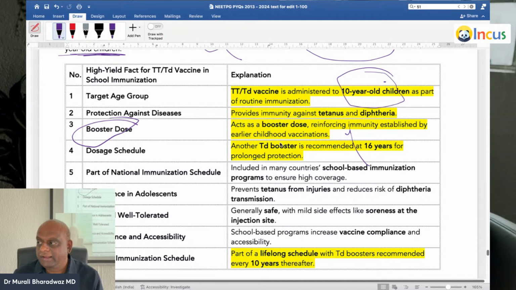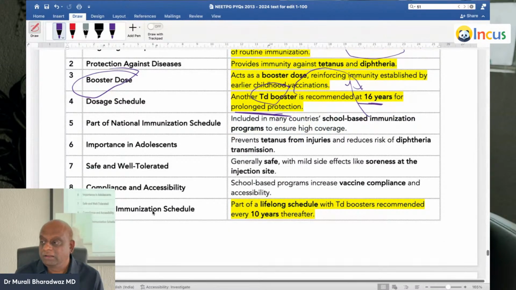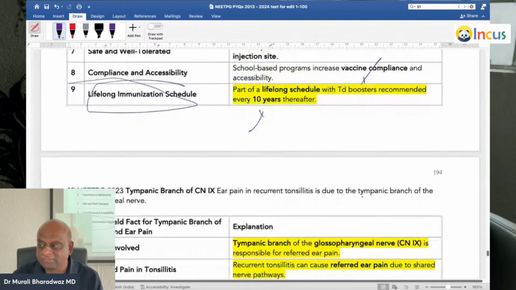And a Td booster is recommended at 16 years, so it will provide prolonged protection. And for lifelong immunization, a Td booster has to be given once every 10 years.